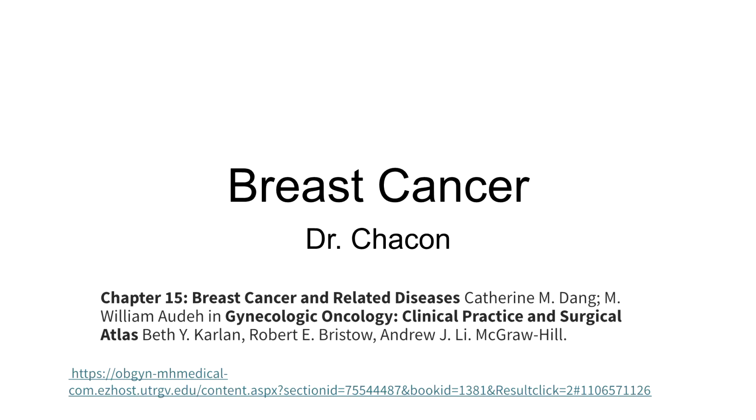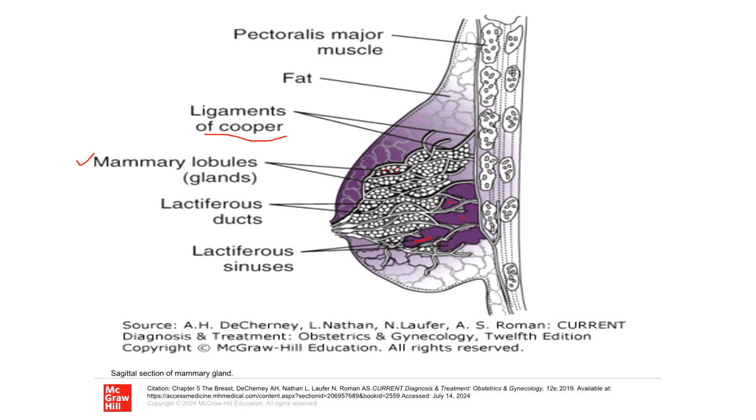Let's talk a little bit about breast disorders, in this case, breast cancer, but I'm going to start by doing a little bit of review of the anatomy of the breast. So the mammary gland is localized over the pectoralis major muscle, and it is surrounded by fat, adipose tissue.